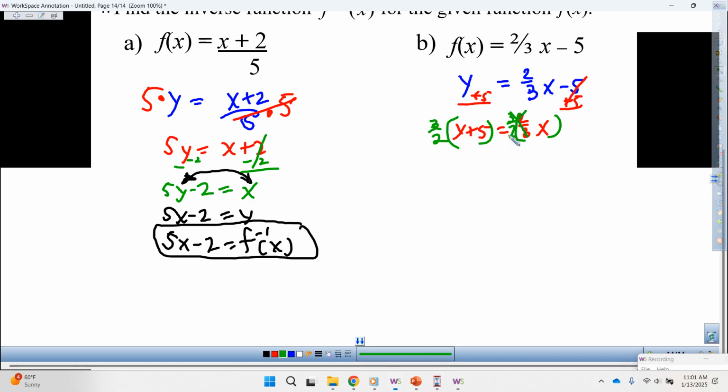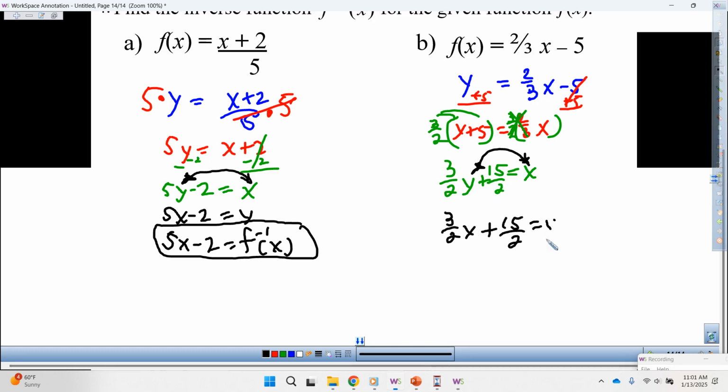We're left with x equals, distribute, 3/2 y plus 3 times 5 is 15 over 2. From there, we exchange the variables. So we got 3/2 x plus 15 over 2 equals y, and therefore 3/2 x plus 15 over 2 equals f inverse of x.